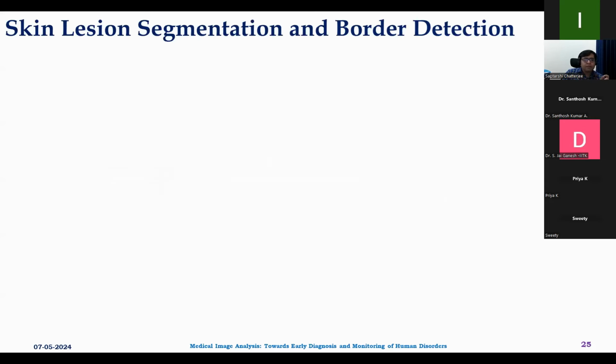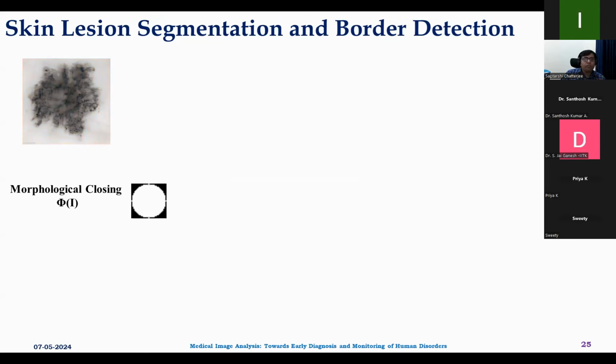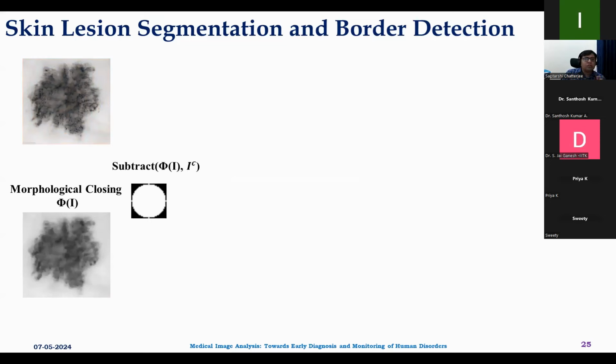So how have we segmented that lesion? We have an RGB dermoscopic image of the skin lesion, converted it into grayscale, and a morphological closing operation has been performed with a circular structuring element with a slightly higher diameter of 8 pixels. After the closing, a morphological filtration has been performed by subtracting the complement of the original image from the closed image.